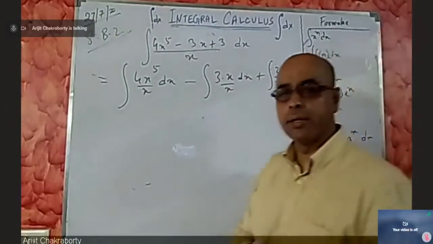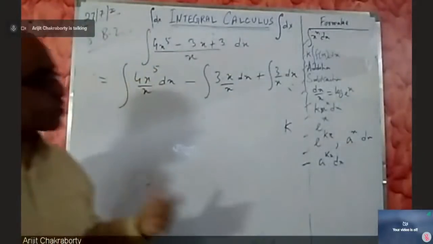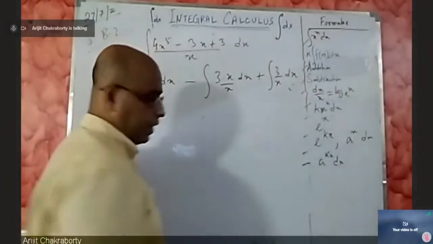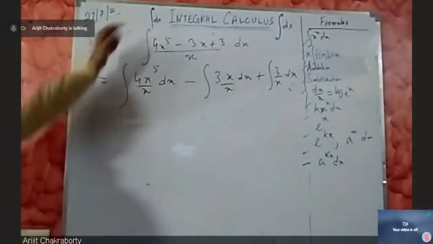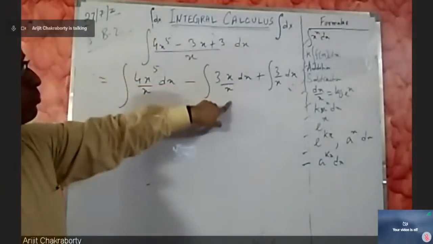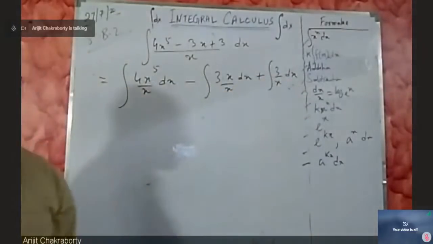So we are splitting. We have split it into parts. Using the addition and the subtraction rule which we have learned today, we are splitting this and getting 4x^5 by x minus 3x by x dx plus 3 by x dx.